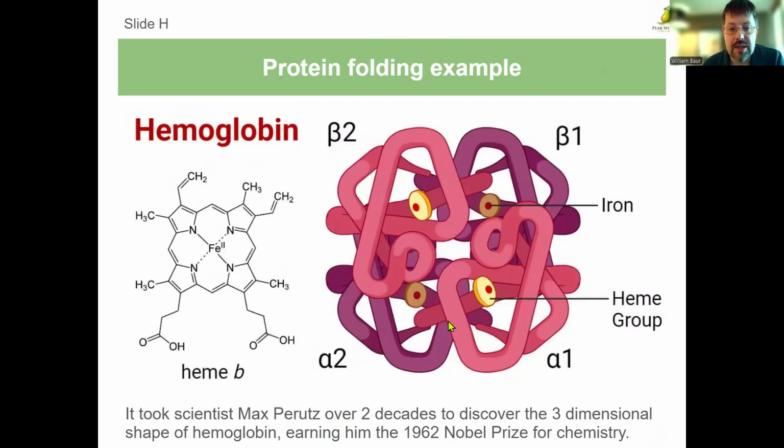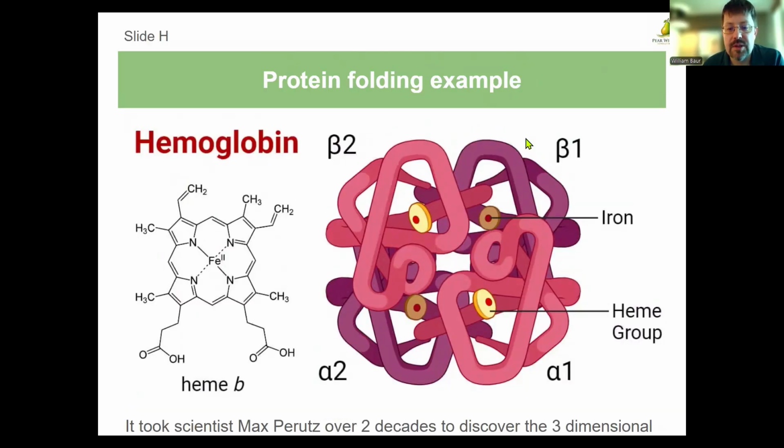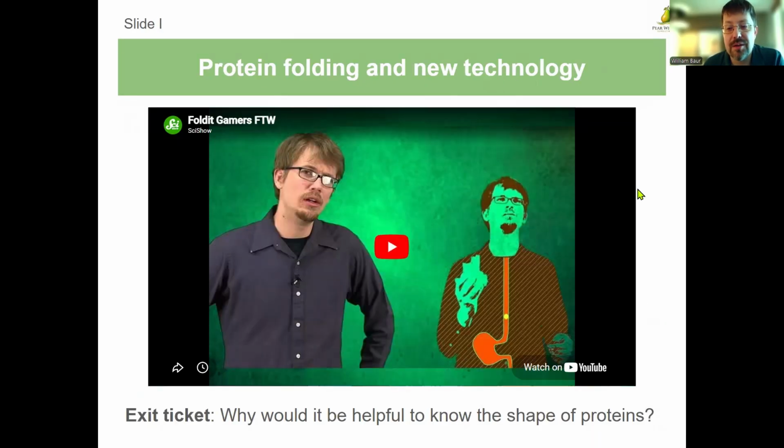To give an example of that, we look at the hemoglobin structure and share that the scientists who discovered this shape, it took them almost 20 years to come up with this. But now with modern technology, we can very quickly figure out based off an amino acid sequence how the protein will fold.